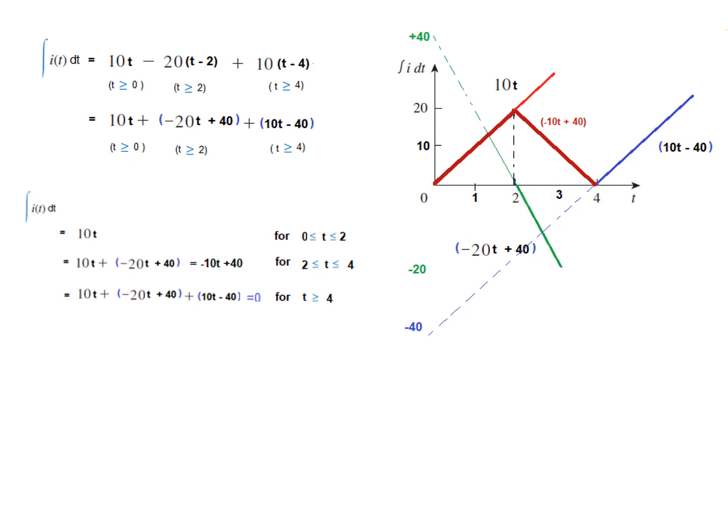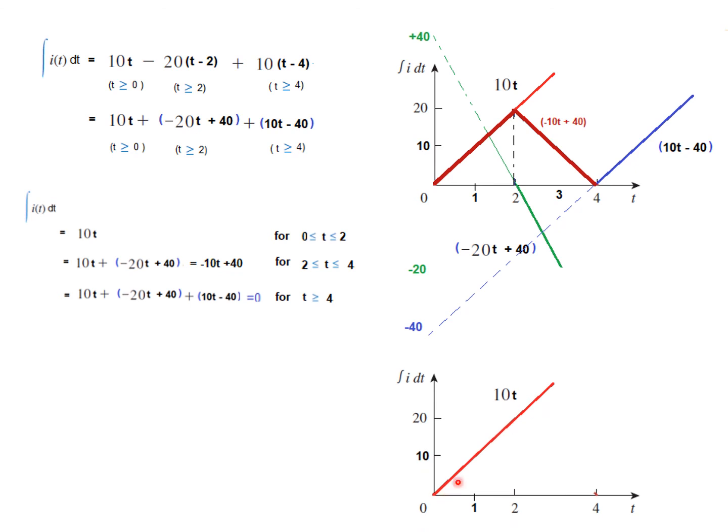And then for the range greater than 4, we have 10t, we also have this curve, and we also have this curve. That means the addition of all three becomes 0, because 10t plus 10t, 20t, minus 20t will be 0, and plus 40 and minus 40 will be 0. So the net answer is 0, and for t greater than 4 the function value will be 0. Now we can plot these three.